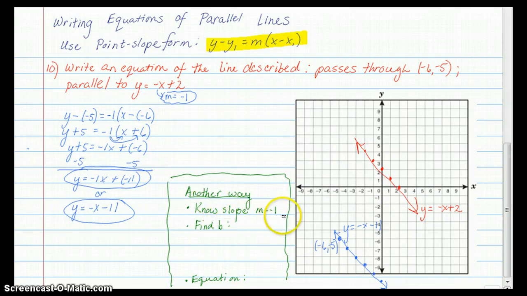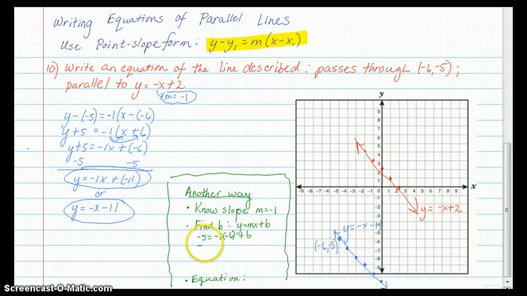You know the slope is m equals negative 1. You need to find b. And so we plug it into the equation y equals mx plus b. So we know the y value is negative 5, equals, we know m is negative 1, and we know the x value is negative 6. So plus b.